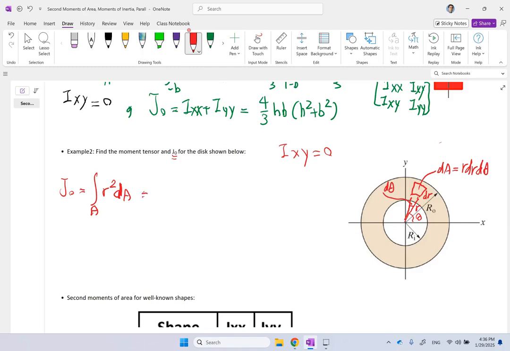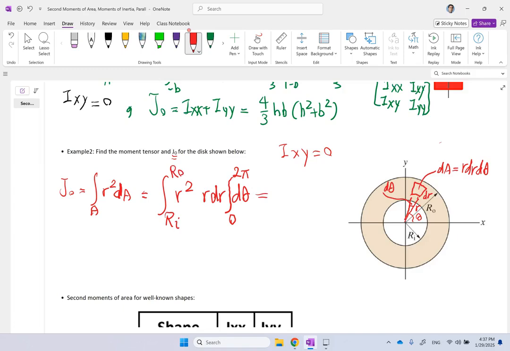So here, this is going to be the integral of r squared times r dr d theta. And here it's all a product, so I can separate this, make it a double integral, the product of the two integrals. There we go. Now, if I want to cover the entire surface, theta goes from 0 to 2 pi, and r goes from small r to capital R, or ri to ro.